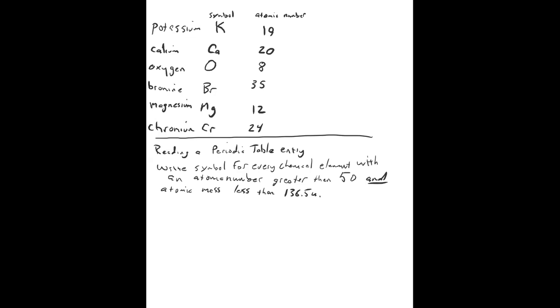This is the first example where they're introducing this idea of the atomic mass. So let me talk a little bit about atomic mass. Atomic mass is an important aspect of our elements.